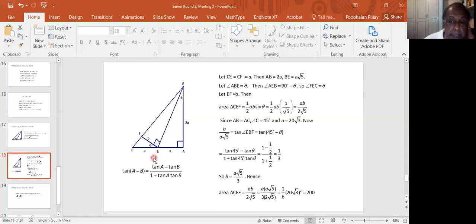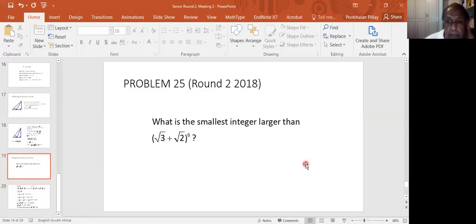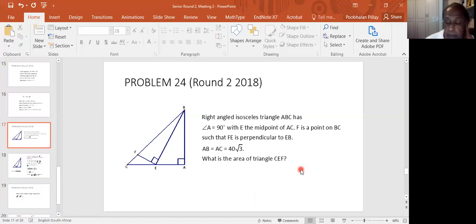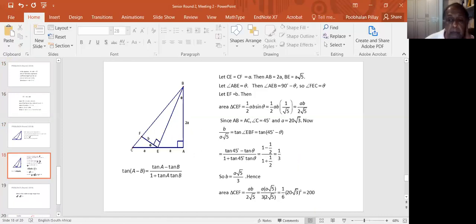So sine of theta we can calculate. We need to calculate the area of CEF. Area of CEF is half CE times CF times the sine of the angle between them.